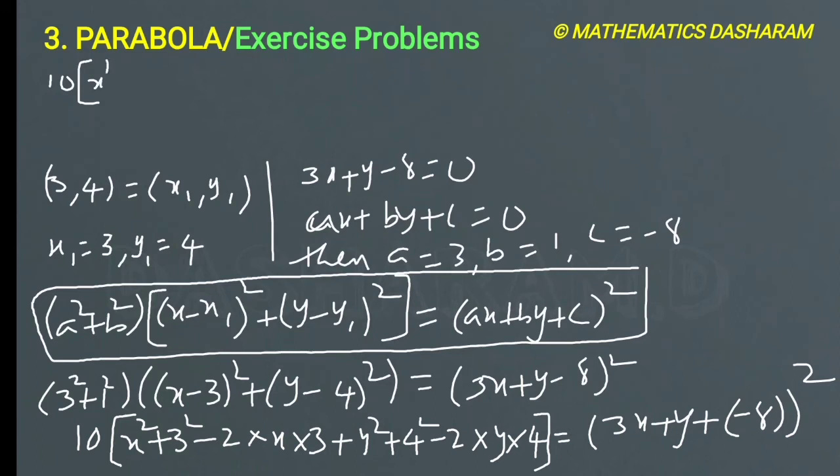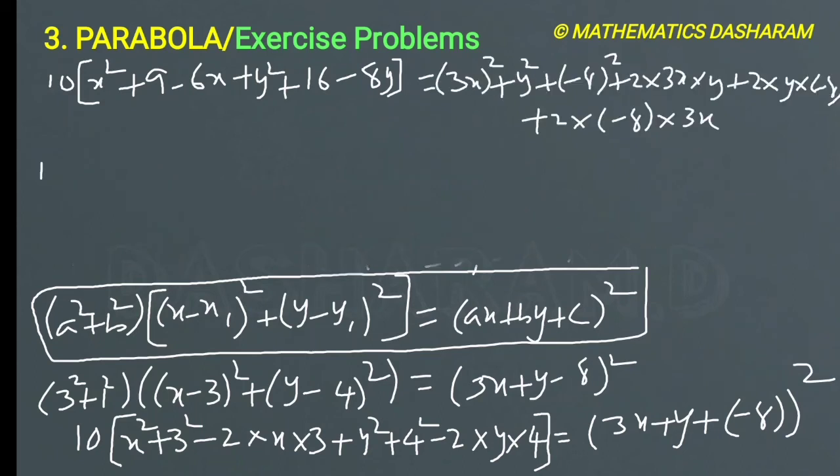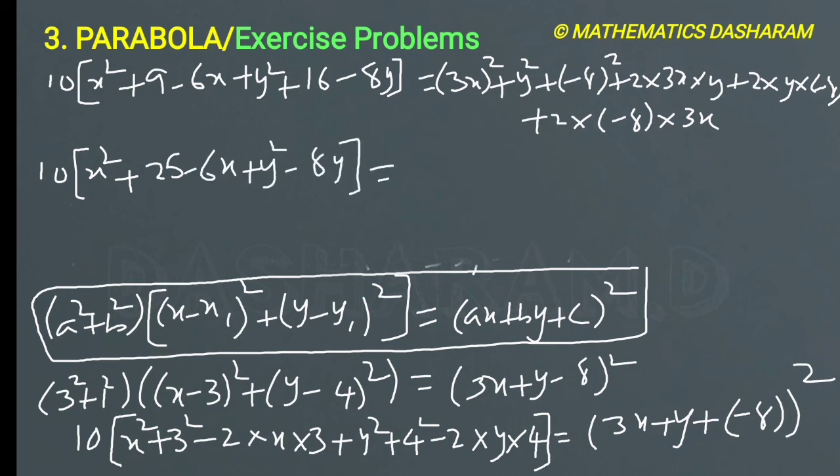So 10 bracket of x square plus 3 square is 9 minus 2 3 are 6x plus y square, 4 square is 16 minus 4 2 are 8y equals to, here a plus b plus c whole square formula. So 10 bracket of x square plus 9 plus 16 is 25 minus 6x plus y square minus 8y equals to 3x whole square is 9x square, y square minus 8 whole square is plus 64, 2 3s are 6xy.